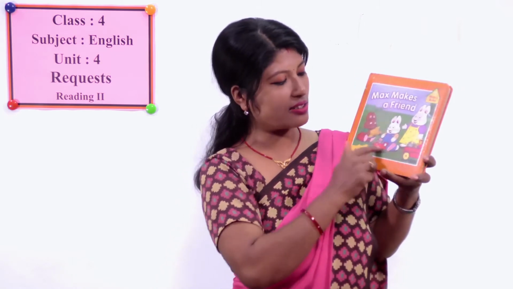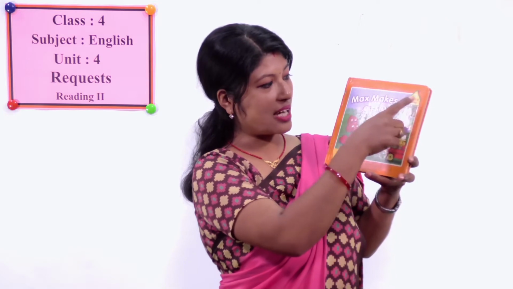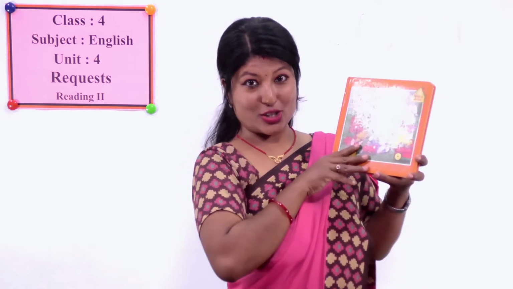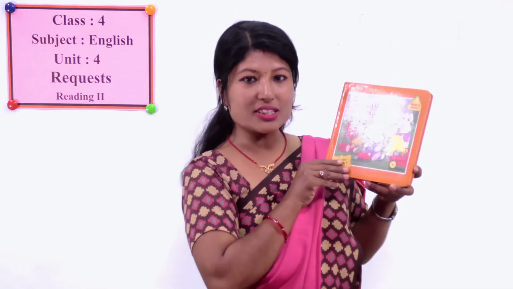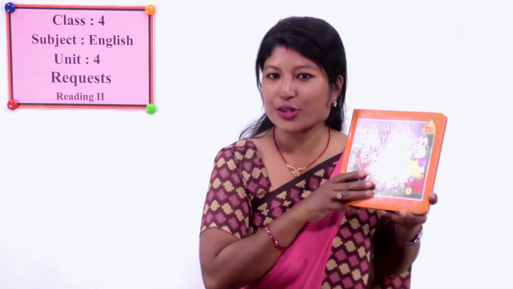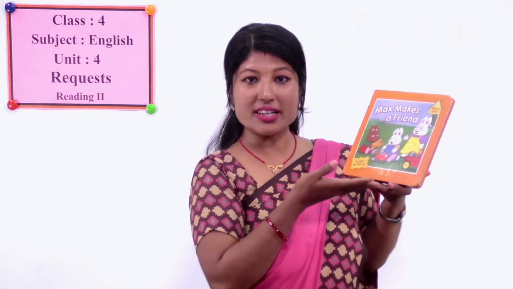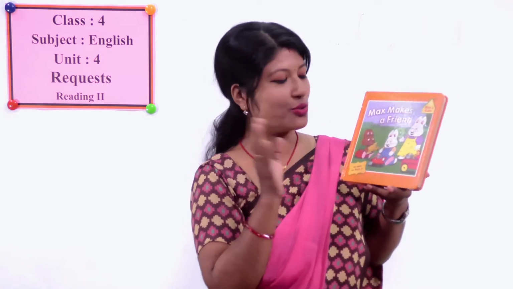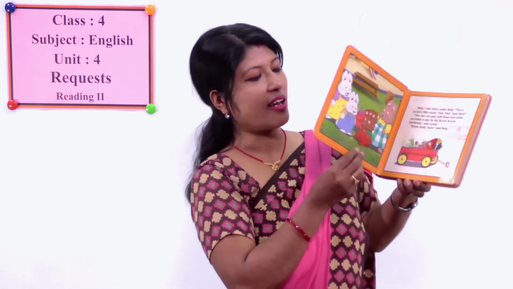Maybe the name of this rabbit is Max. Max and Ruby. The story may be about Max and Ruby. What's there inside? Are you curious? Don't worry, I'll show you what's there inside more.